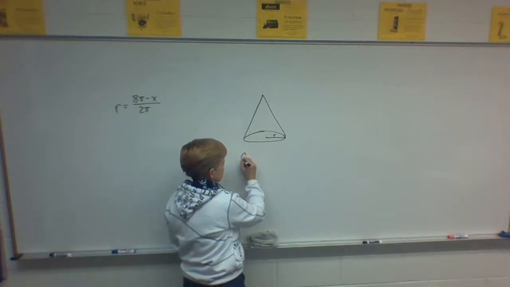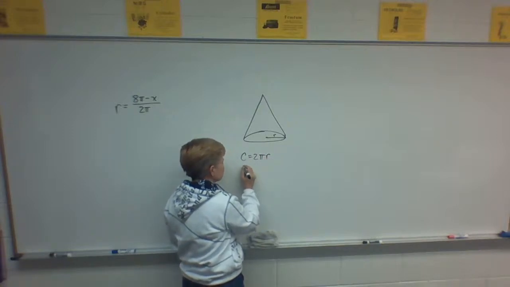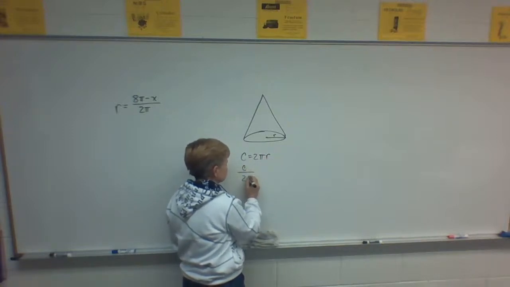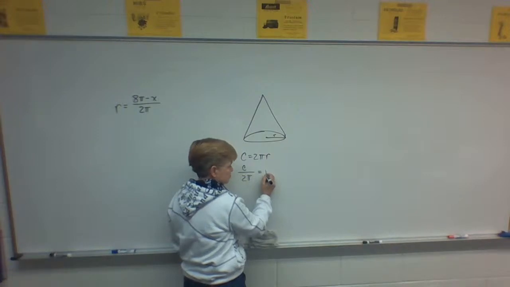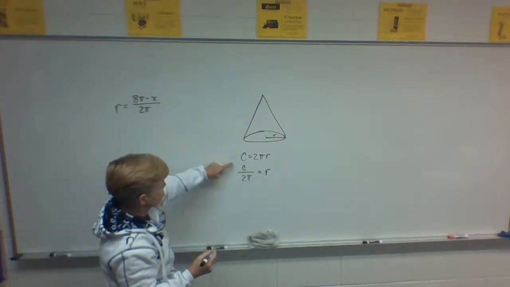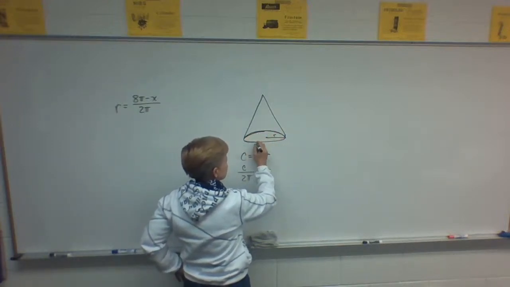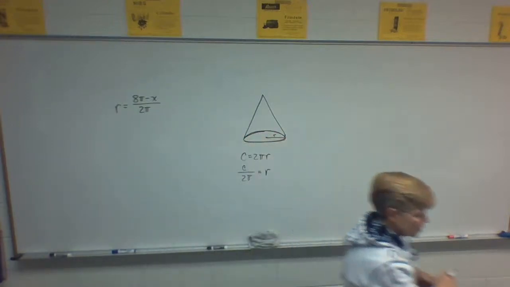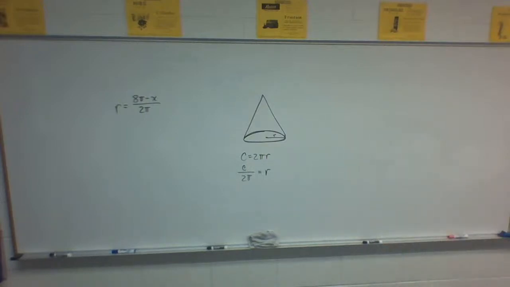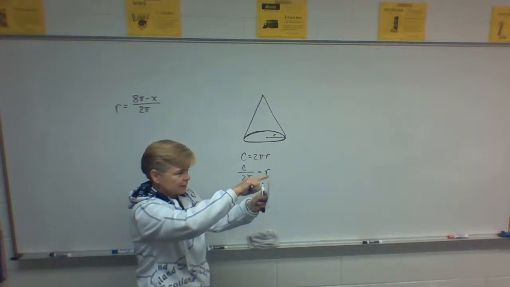It is 2 pi r, isn't it? Yeah. Then isn't r the circumference over 2 pi? That's where the 2 pi comes from. Yeah. But isn't the circumference of this, minus x?